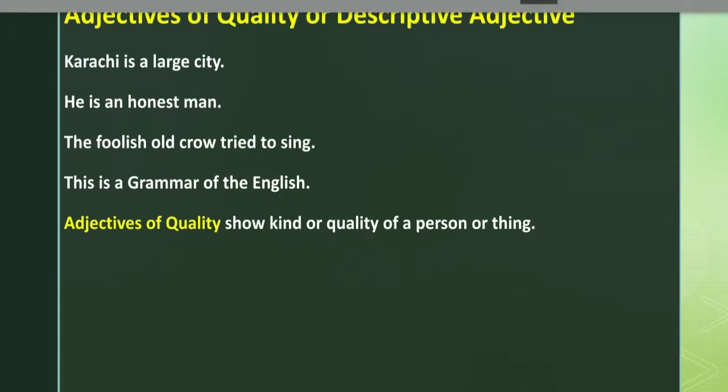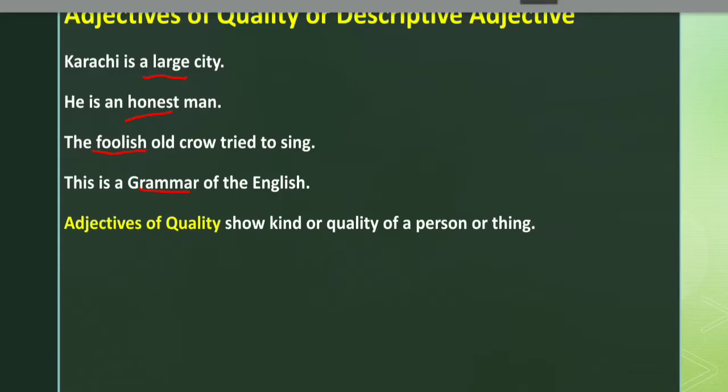Okay, so now if you observe, in the first, large is the adjective, and in "he is an honest man," honest is the adjective, and in the third we have the adjective foolish, and in the fourth we have the adjective grammar.